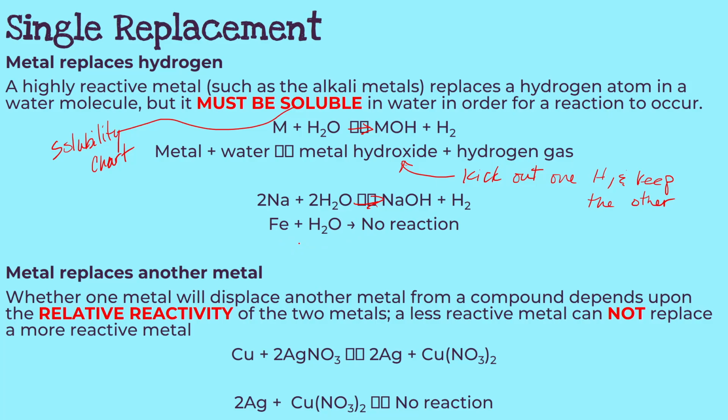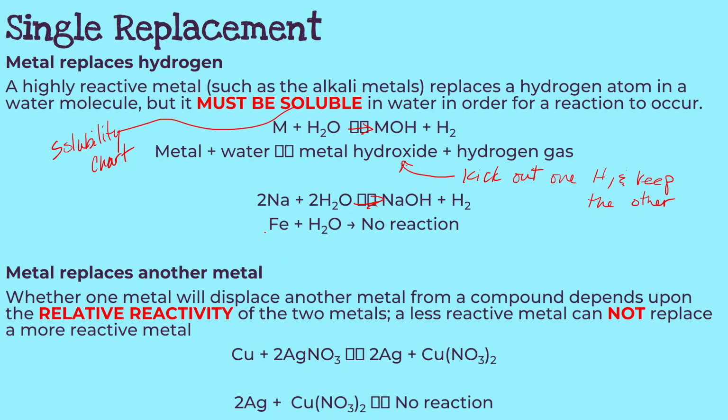Whereas if I have metals that are less reactive, so for example, if I have iron trying to react with water, it's a less reactive metal, so it's actually going to be no reaction. And this is the first time you guys have ever seen an opportunity for there to actually be no reaction.